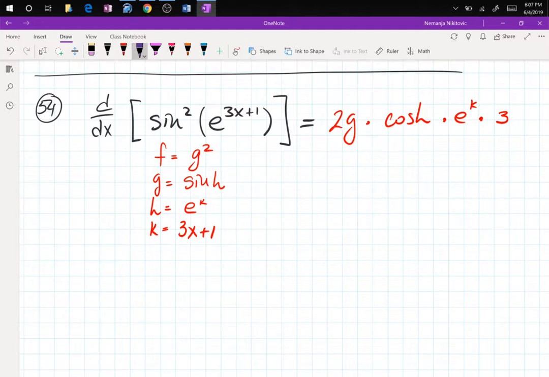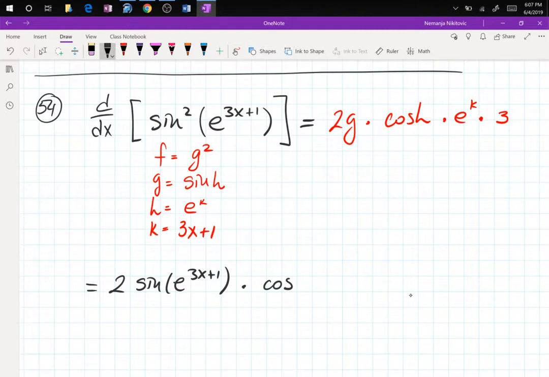But we actually need to plug in all of the functions, right? So 2 times, what's g? g is everything, which is sine of e to the 3x plus 1. Oh, wait, I thought the values changed. Well, g contains h, and h contains k, and k contains x, so it propagates all the way to the end.